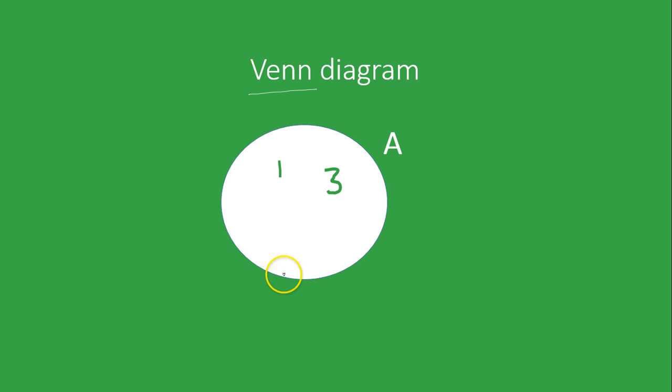Venn diagram is basically a circle in which the elements of the set A are written inside the circle and elements not belonging to the set A are written outside it. So here the set A consists of elements 1 and 3. So the set A is {1, 3} in the roster notation.